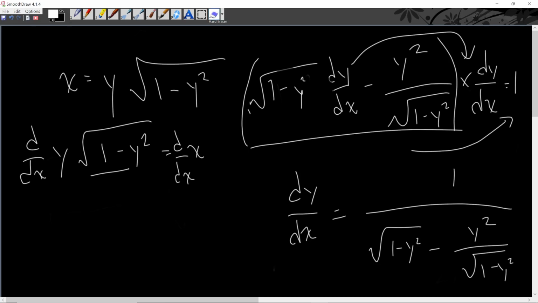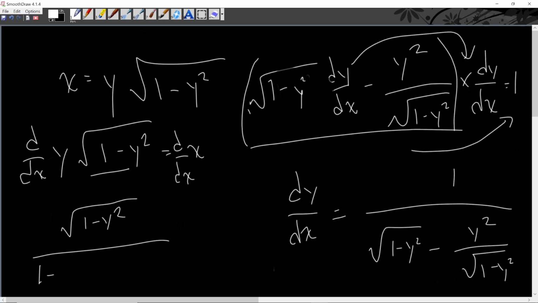So we're gonna multiply both the numerator and the denominator by square root of 1 minus y squared so that we can rationalize whatever radicals we have underneath. So we have square root of 1 minus y squared in the numerator now times 1 minus... Wait, what?